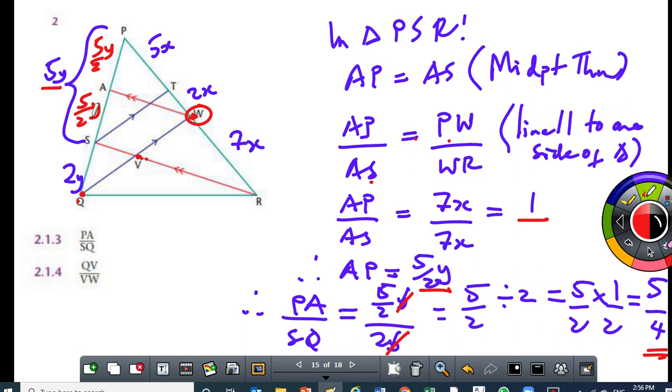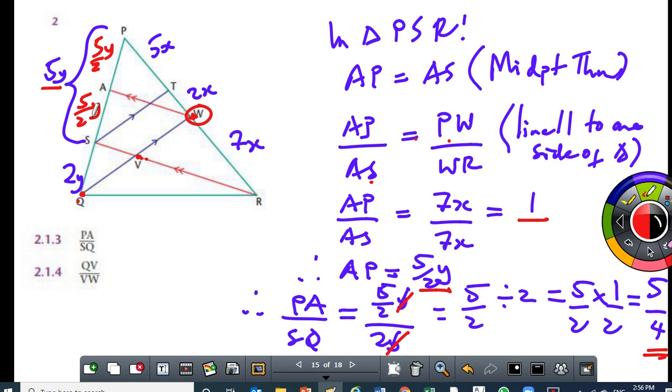QWP, no. Remember, the triangle that you are supposed to use the proportion theorem must have 2 lines that are parallel.